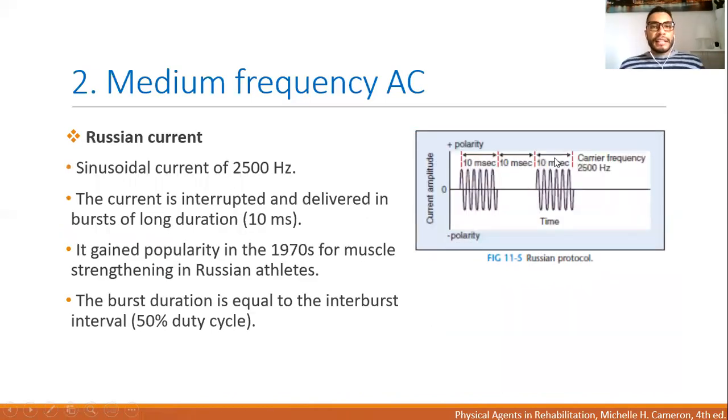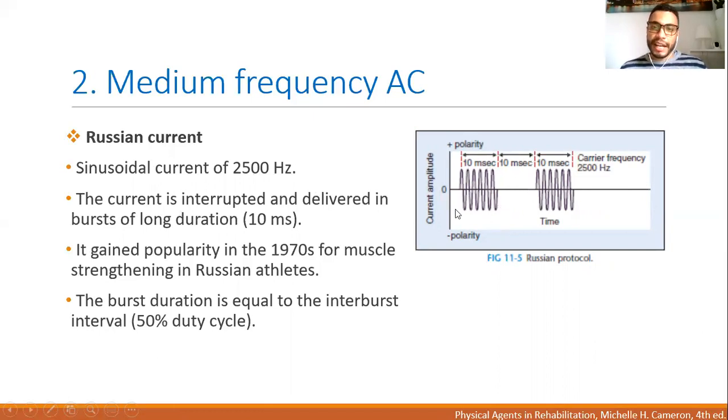We have another type of alternating current, which is called Russian current. The Russian current is a sinusoidal current that uses a frequency of 2,500 hertz. The current is interrupted, it's not continuous, and is delivered in bursts of long duration.